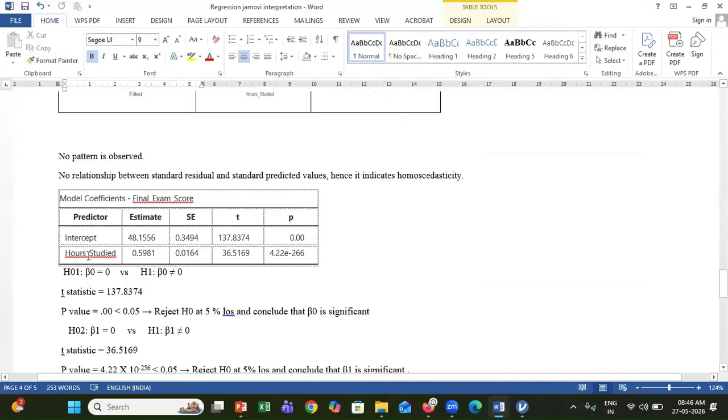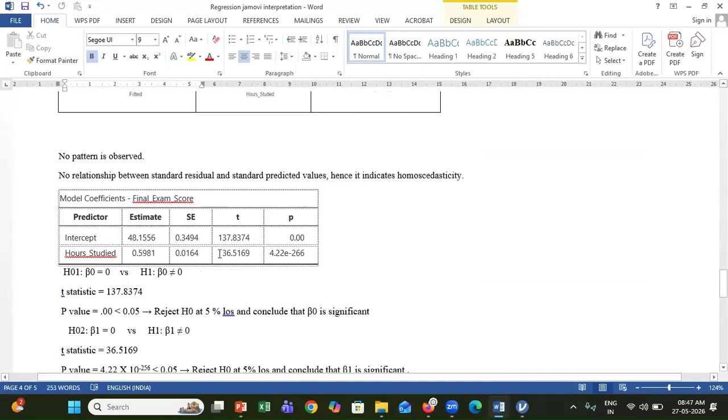Next coefficient I'm testing is beta 1. This is the second row. For that, the hypothesis of interest is H0: beta 1 equal to 0 versus the alternative beta 1 is not equal to 0.